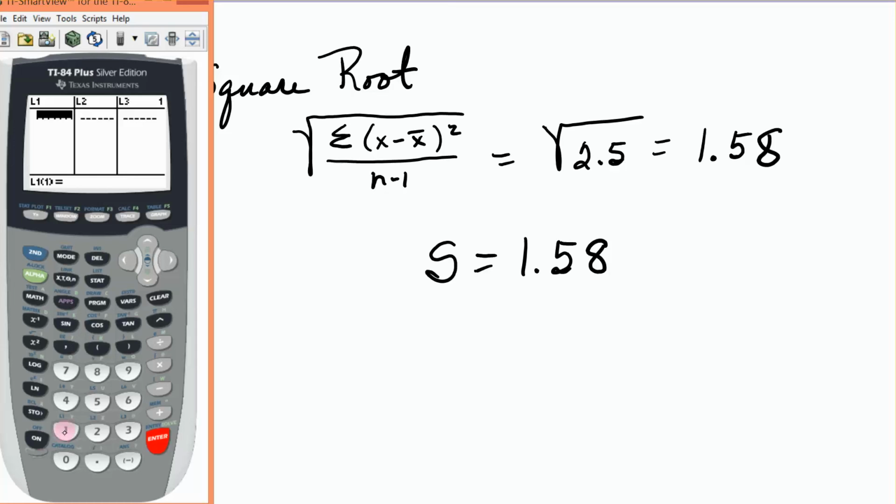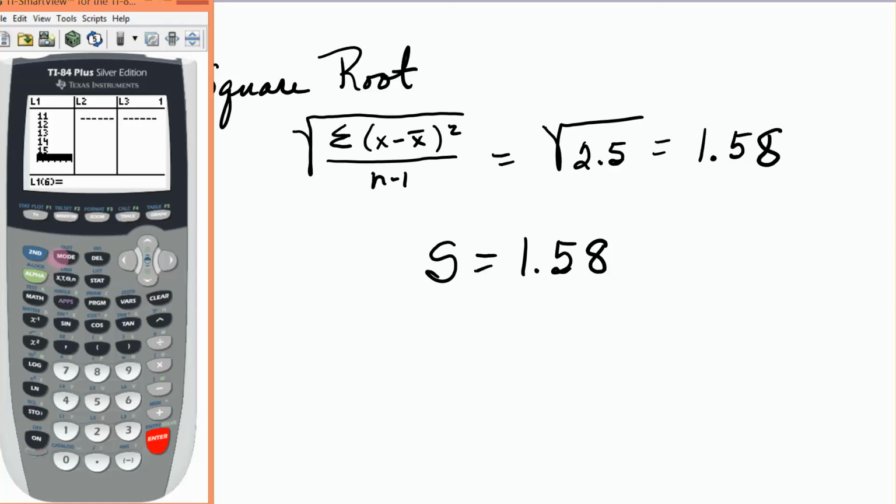My data was 11, enter, 12, enter, 13, enter, 14, enter, 15, enter. So I went to Stat, Edit, and I listed in L1 all of the items.